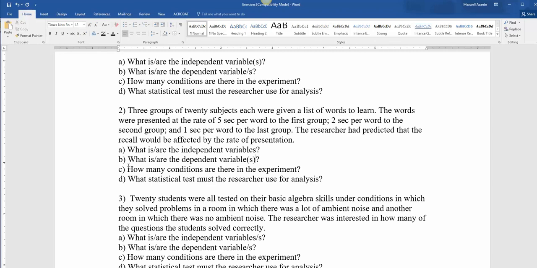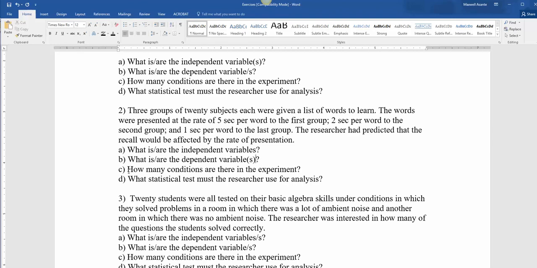The answer to this question is very simple. The researcher is interested in the recall. So the recall or the memory for the words presented to the participants is the dependent variable.